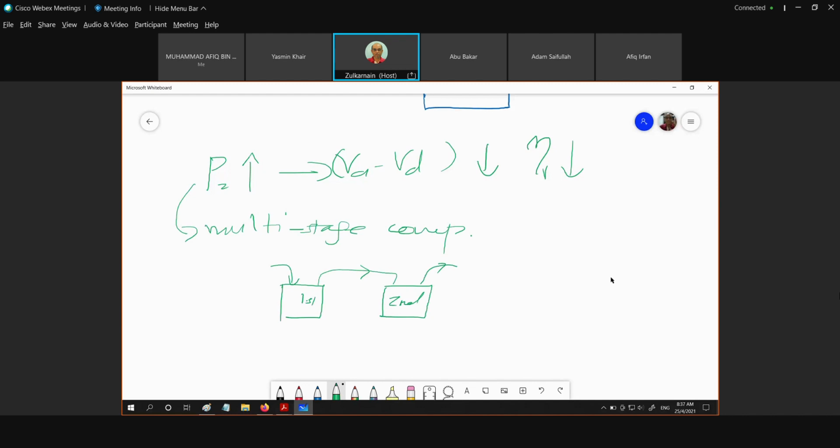So maknanya sekarang ni, kita compress the first. From the condition of T1, kita compresskan dia menjadi T intermediate. Lepas tu dia akan jadi T2.